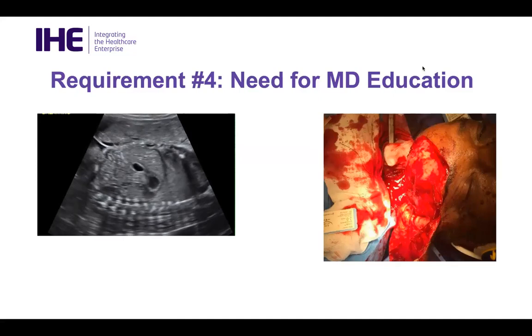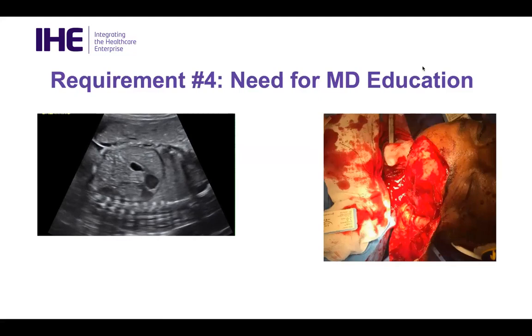So that in a case like the ultrasound cine on the left, which is a fetal ultrasound of a double bubble sign, a classic sign associated with a fetal anomaly, those are really important for trainees to see. And if they are not captured in a well-indexed, metadata-rich way in the beginning, it can be really hard later to go back and find that case to show all of your trainees.